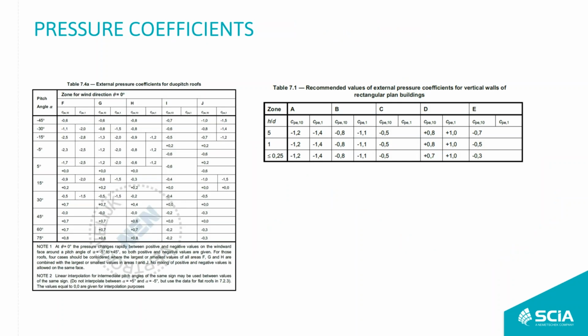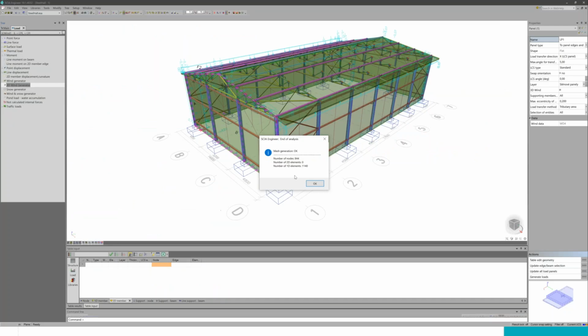And here I also have the tables from the code, which show which values I can use. I heard a bell in my headphones as the dialog appears here with the mesh generation done and with the generated load.